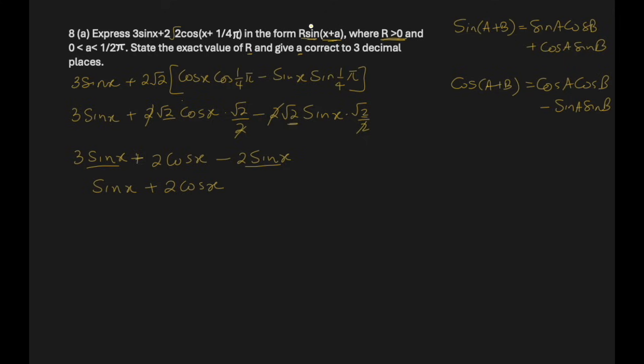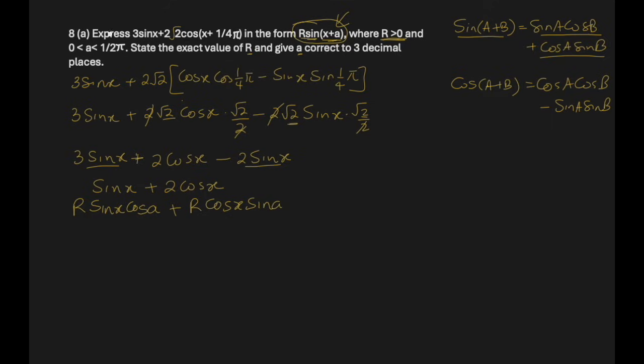This is what we have to convert into this format, right? And we'll use this now. So let me expand this here, just below this. It will become r sin x cos a plus r cos x sin a.